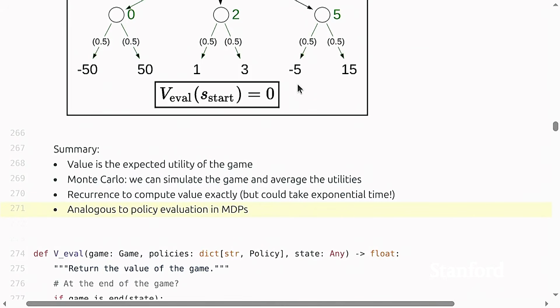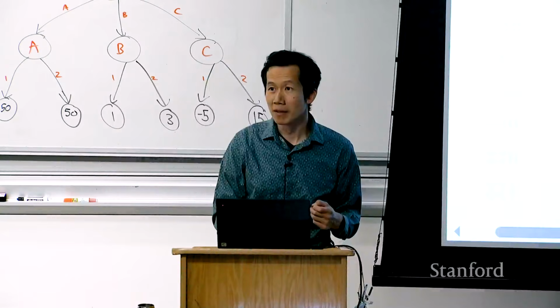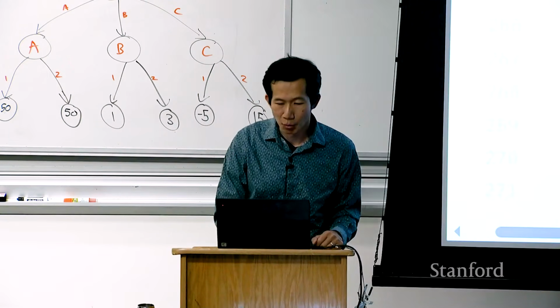So now you might wonder, why would you ever do this? Because it takes exponential time, and probably you wouldn't actually do this for game evaluation. You would just sample a bunch of rollouts and average, and that would converge relatively quickly. But we'll see later that sampling won't always work.